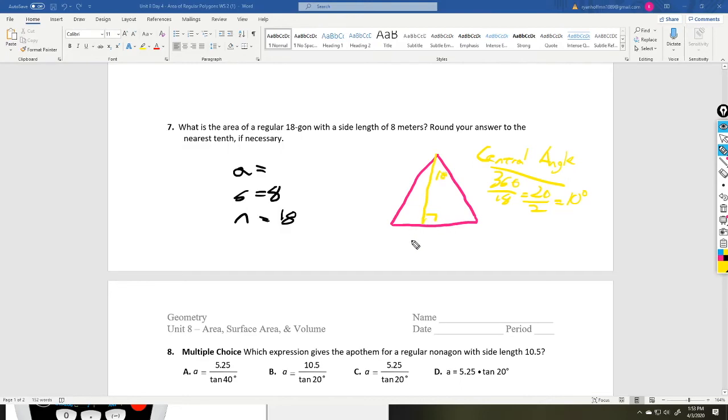We have a side length, the whole thing being 8, so that's split down the middle, so that each of these are 4. And we have this apothem that we don't know yet. So all we need to do is use trig to solve for the triangle. And then we can plug our numbers in and get the final answer.